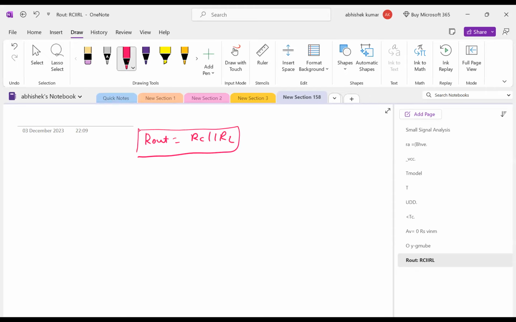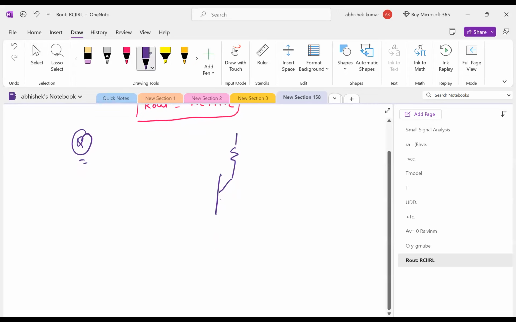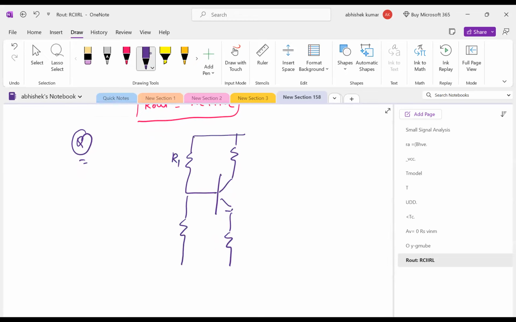Just I'm telling you one more thing, what is the difference. Suppose you have one circuit. This is R1, this is R2, this is RC. Now we do not have any resistance here, and we do not have any capacitor here. Now our circuit will look like this.